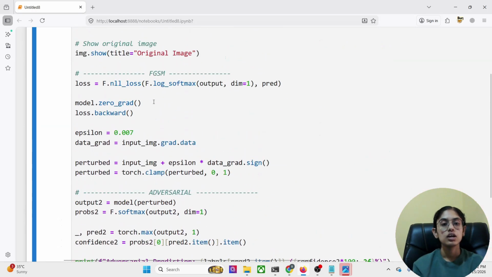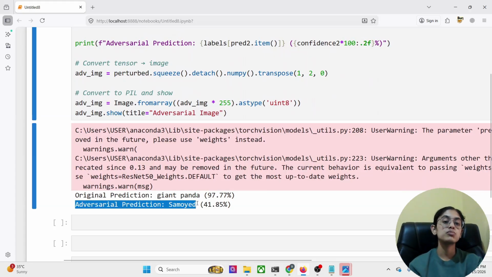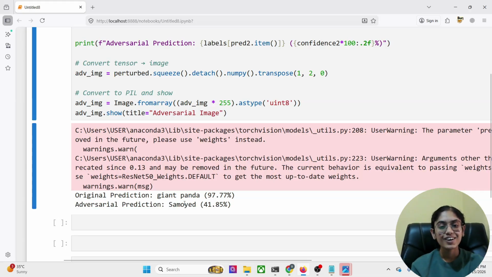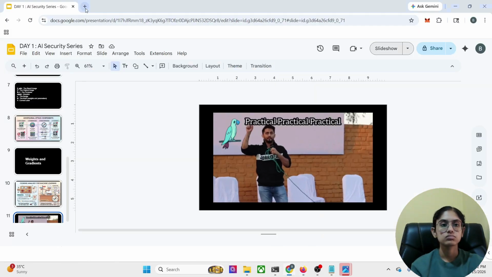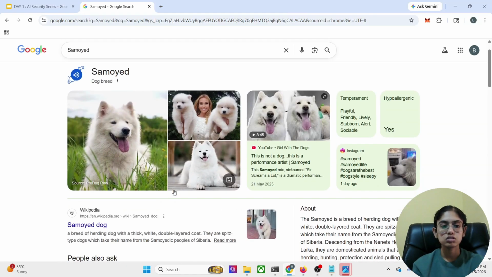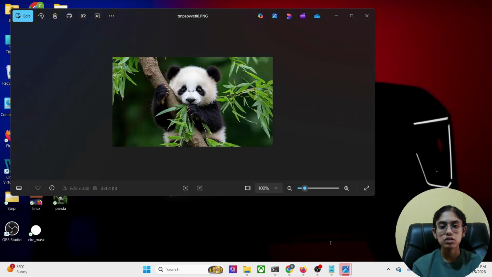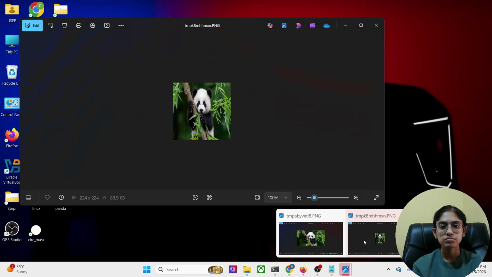After our FGSM attack, the adversarial prediction is Samoyed. Okay. Even I also don't know about it. Okay. It is a dog. We can search it if you want. Okay. This is a particular dog category, and it has also displayed the images.